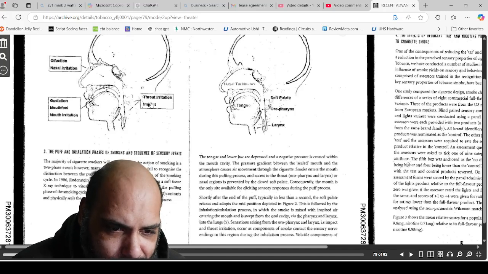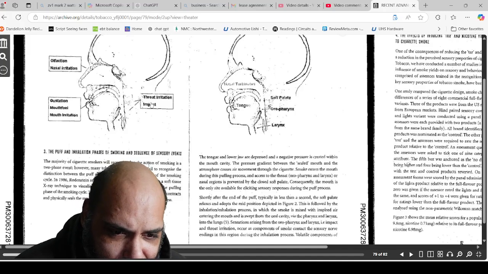Number 3. The puff and inhalation phase of smoking and sequence of sensory events. The majority of cigarette smokers will recognize that the action of smoking is a two-phase event. However, many tobacco control scientists fail to recognize the distinctions between the puff and inhaling-exhaling phase of the smoking cycle.